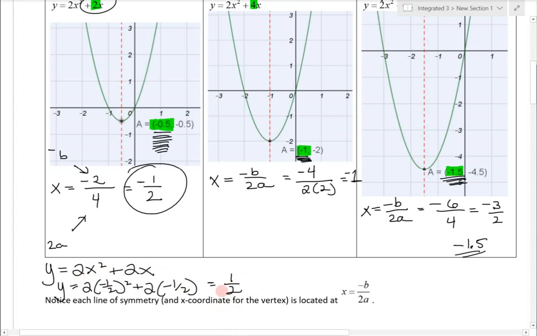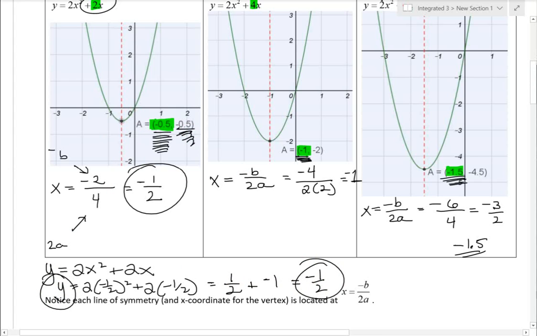And then plus, this is going to give me negative 1. So what's 1/2 plus negative 1? Negative 1/2. So now it tells me my y is negative 1/2. And that's what we're seeing right there.